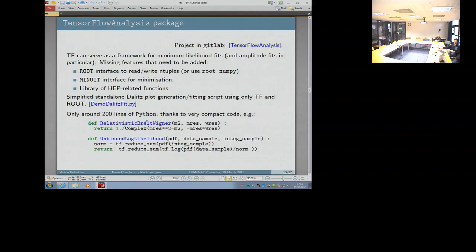For instance, calculating a relativistic Breit-Wigner is just one line. This is the unbinned log likelihood, where we are basically summing the logs of the PDF and normalizing this function using some Monte Carlo integration sample.